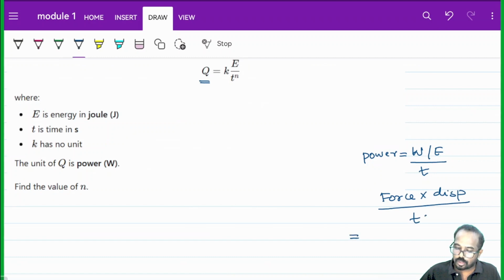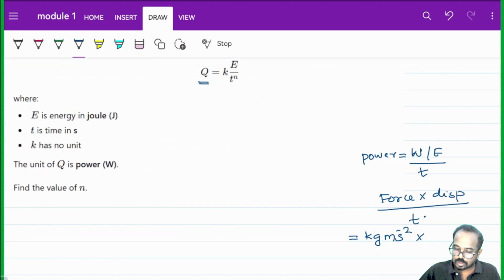Force, what is the unit? Force is kilogram meter per second square. Mass times acceleration, multiplied by displacement, which is measured in what? Meters, right? Divided by time. Time is measured in seconds, so divided by time, it will be second to the power minus 1. Correct?